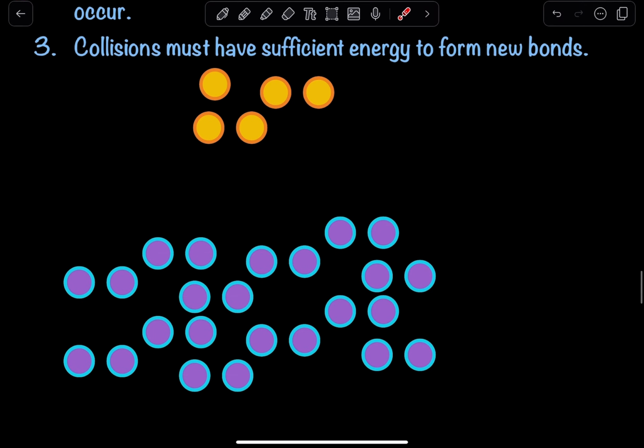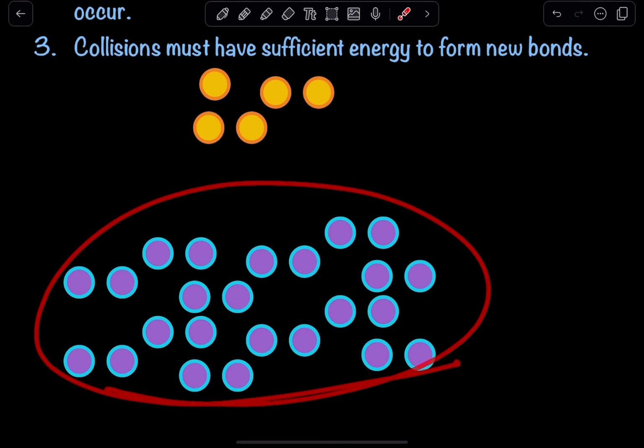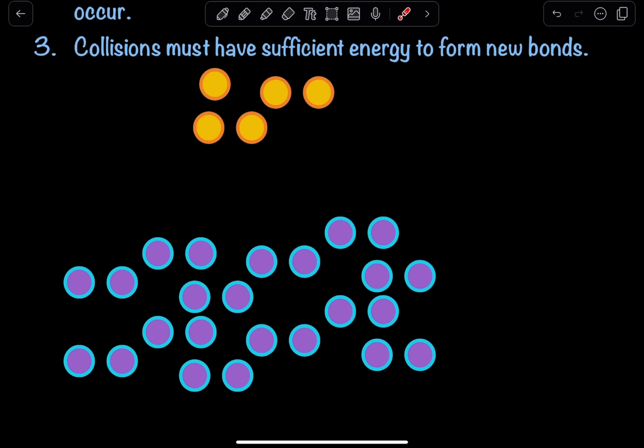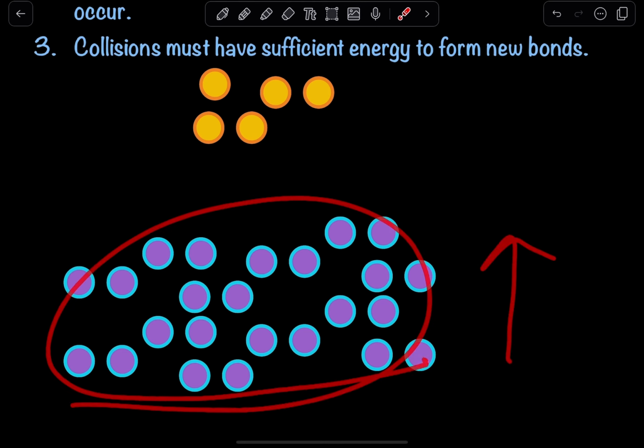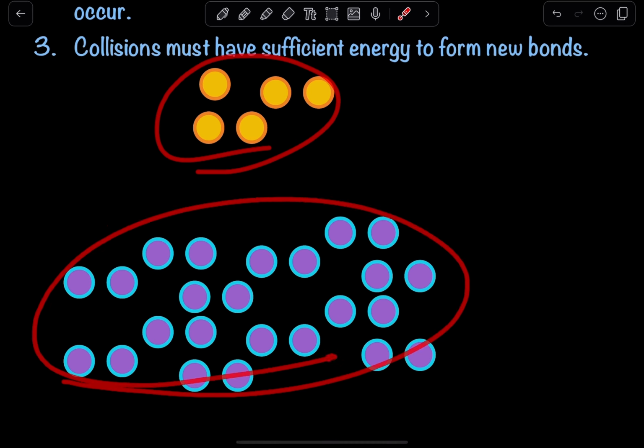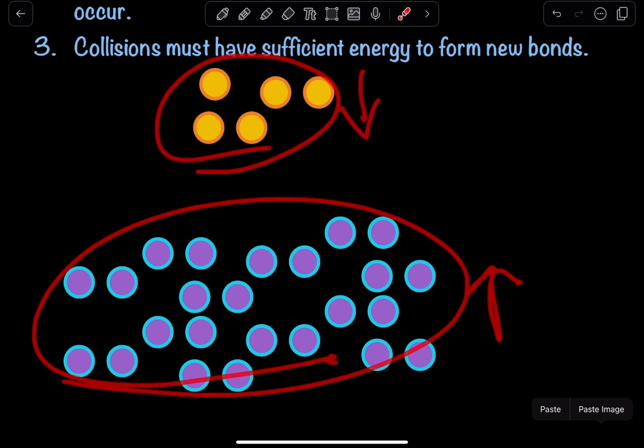But if I have lots of molecules, so many that the probability of them colliding with one another is very high because there's just so many of them. So in comparison between this set and this set, the probability of molecules colliding is higher for this set and lower for this set.